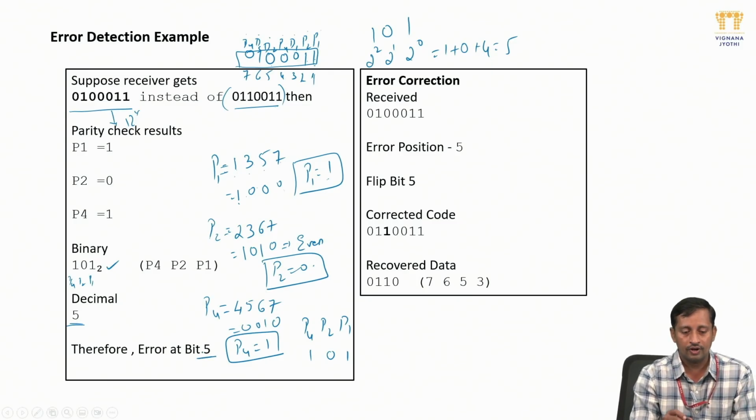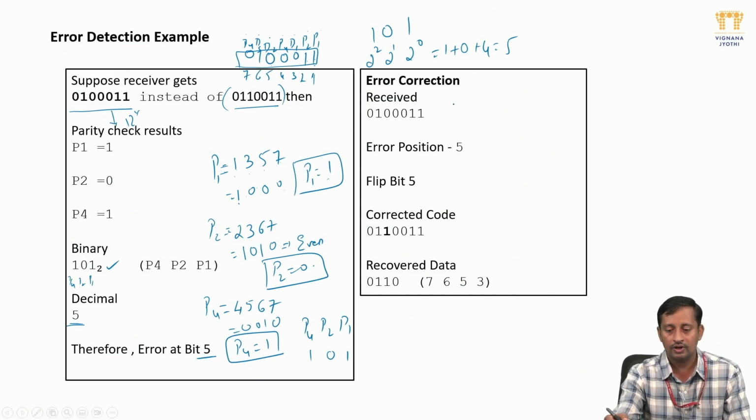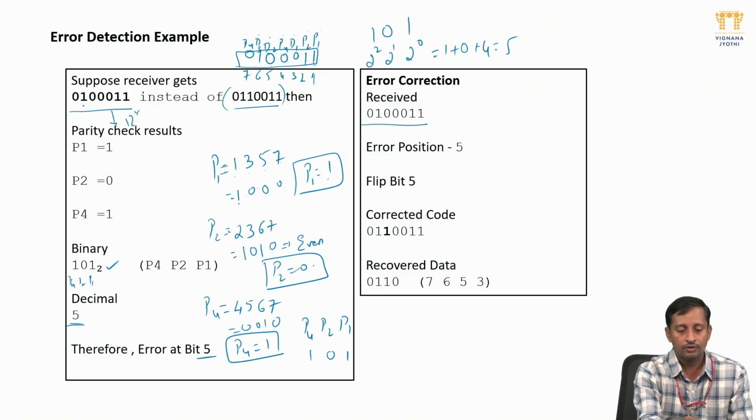Now we have framed the data frame, transmitted it, and identified the error in the 5th position. Now how to correct it? How to correct the bit? The received data is the same: 0, 1, 0, 0, 0, 1, 1. In this we identified that the 5th position has to be changed. In the correcting method, that particular position bit has to be swapped.